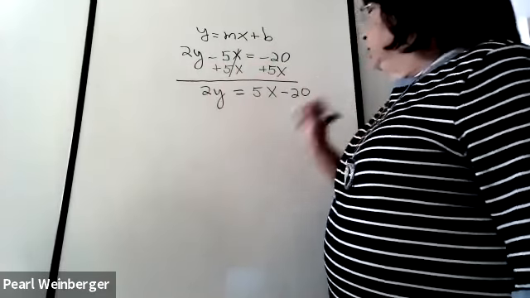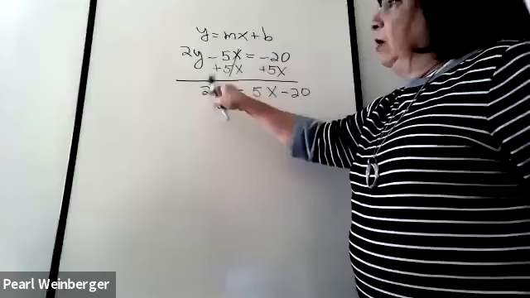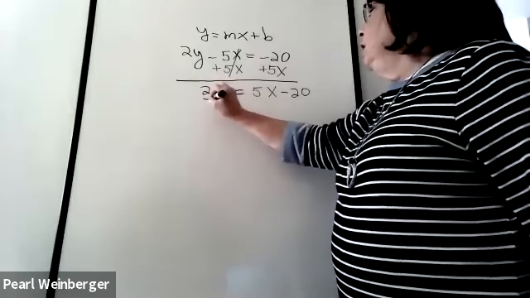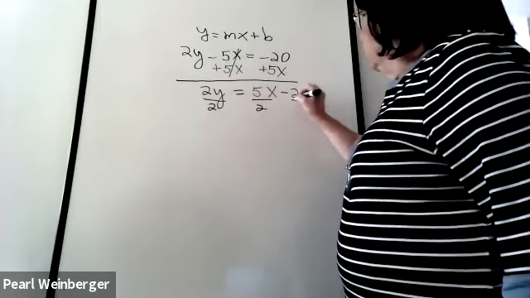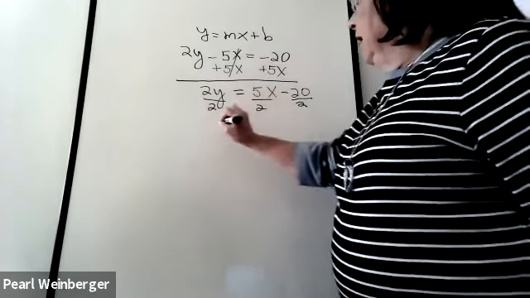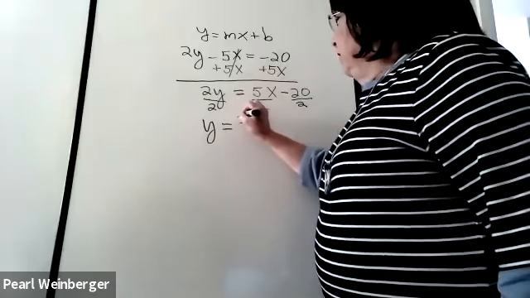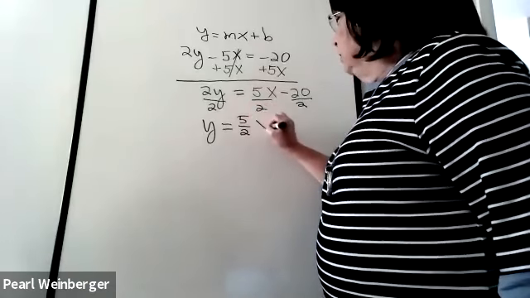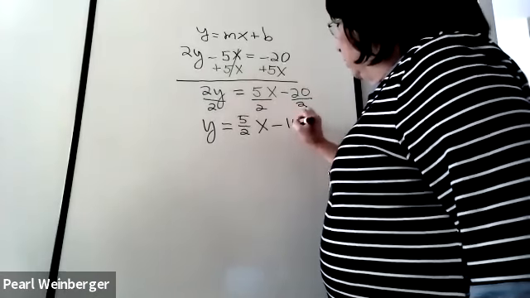They're not like terms, so they can't be combined. And then to finish this off, to get y alone, to isolate the y, we divide everything by 2. So my equation comes out to be y equals 5 over 2x, and 20 divided by 2 minus 10.